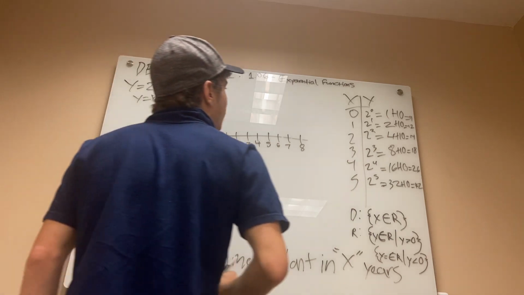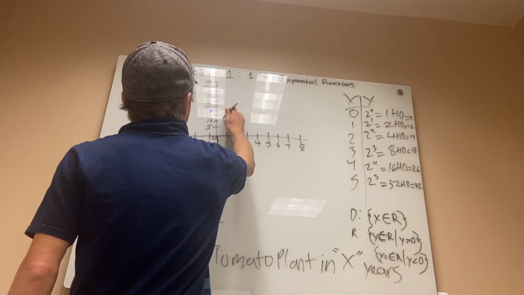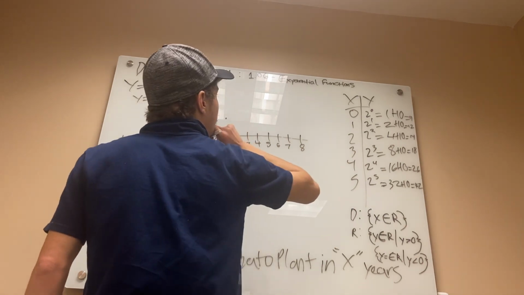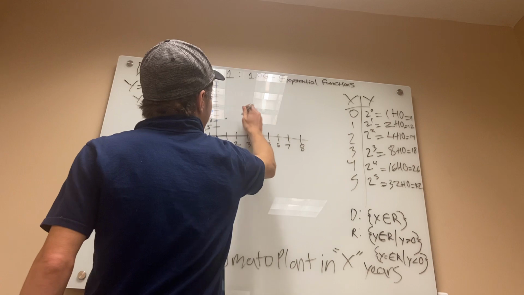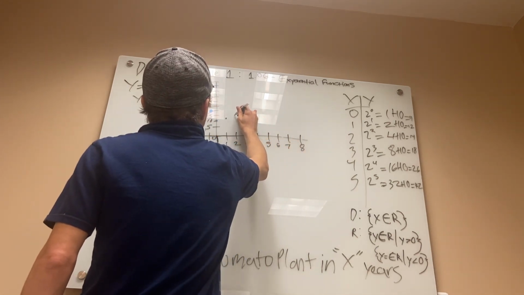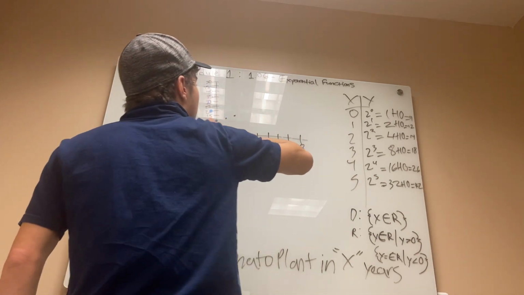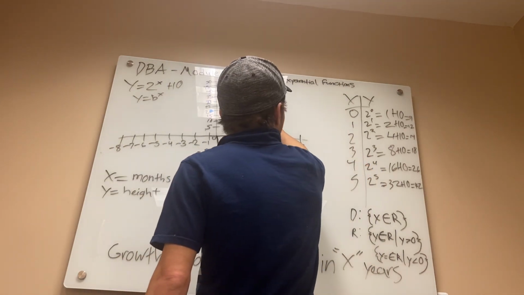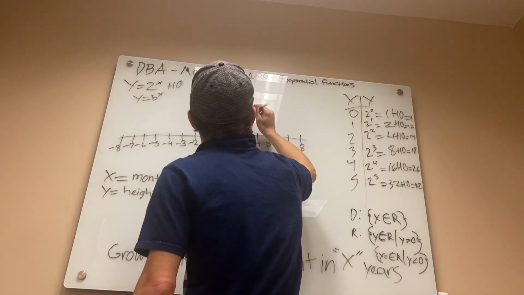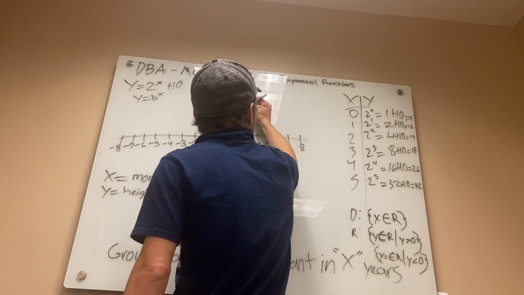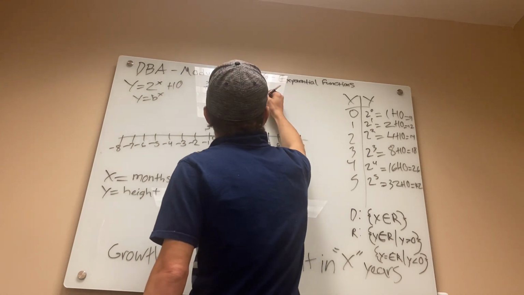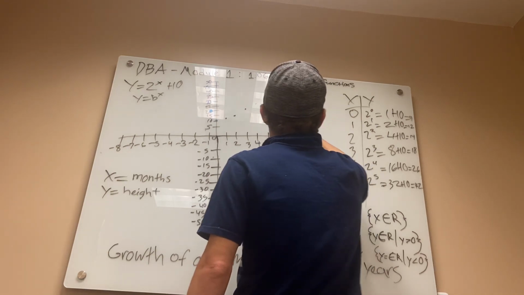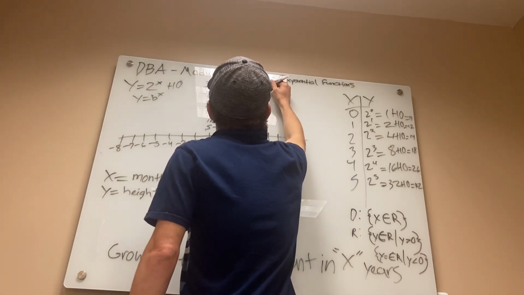Then 1, 12. Then 2, 14, then 3, 18, then 4, 26, and 5, 42.